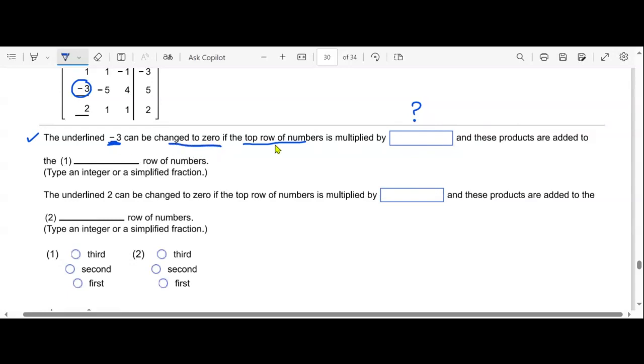Not minus 3, plus 3. And these products are added to which row? Second. Correct? Yes.